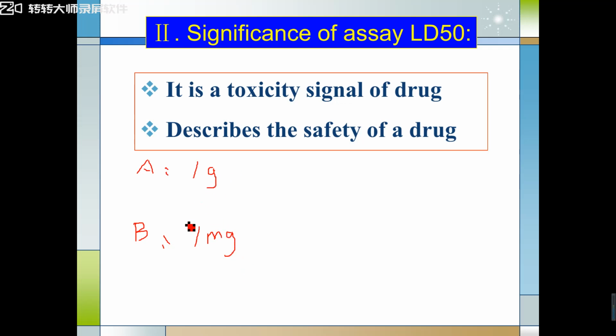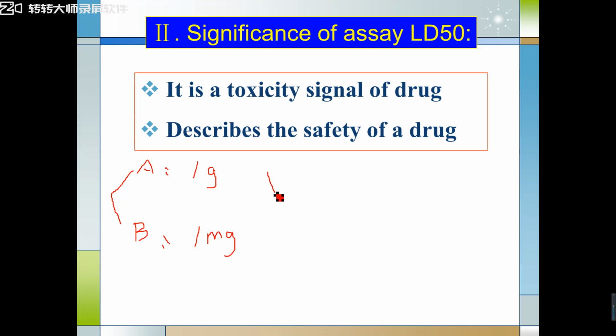Comparing A drug and B drug, just now I explained the significance of LD50: the larger the LD50 is, the greater the safety of the drug. So from this significance, we can know, if we want to use A or B drug to treat hypertension or edema, which one is safer?